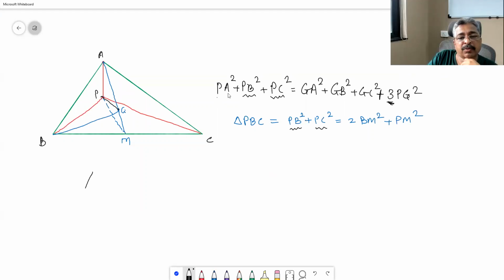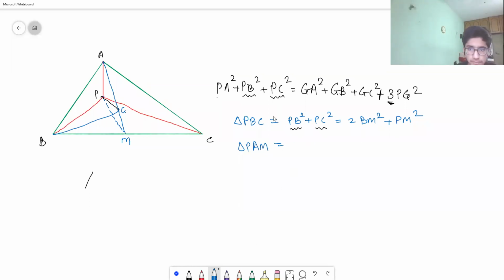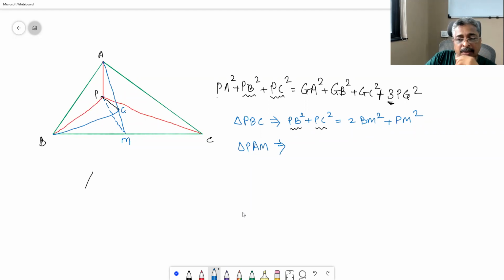We don't have PA square, therefore we should consider a triangle where PA square is available. So triangle PAM. If we apply, sorry, not Apollonius, Stewart theorem, because it is 2:1.